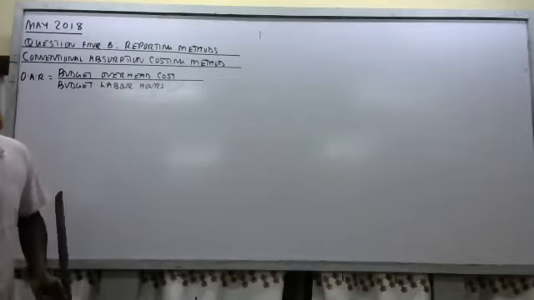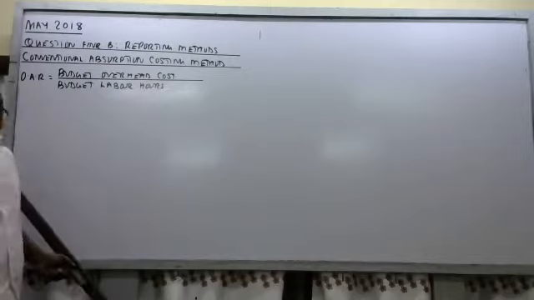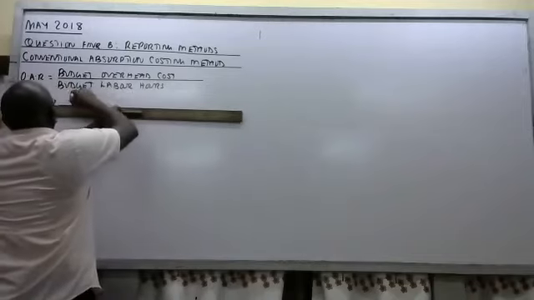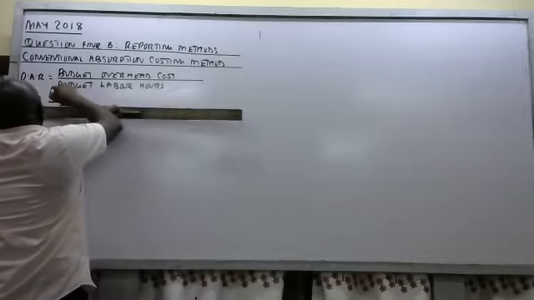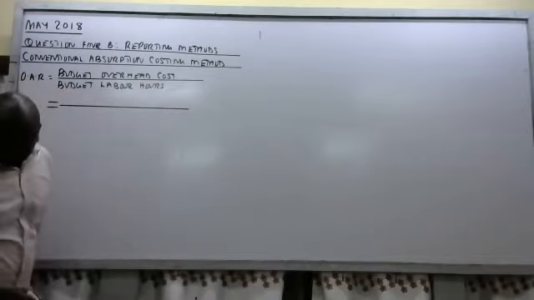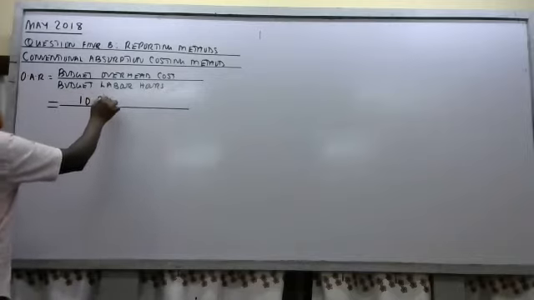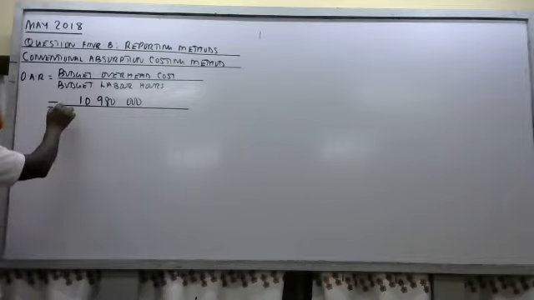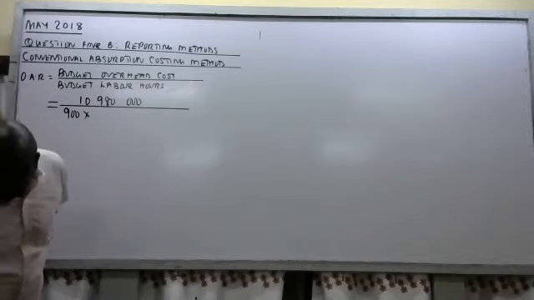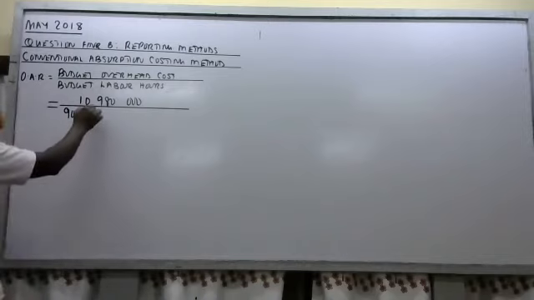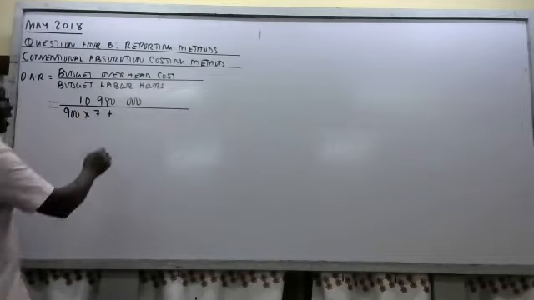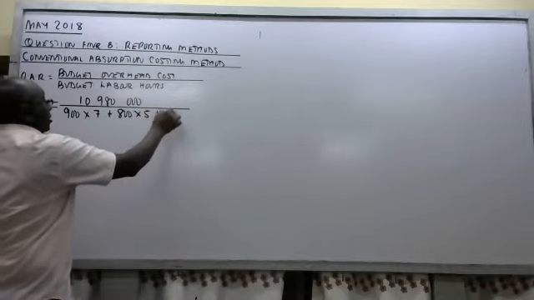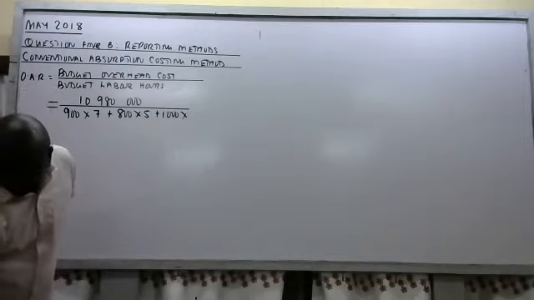So the budget overheads is $10,980,000. The labor hours will be, you take the 900 units of the American times, looking at the labor hours, they require 7, plus 800 times 5, plus 1,000 times 8.